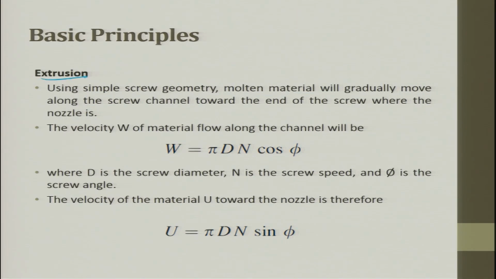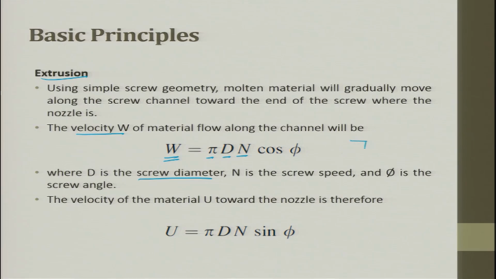When we talk about extrusion using a simple screw geometry, molten material will gradually move along the screw. This is for an injection molding channel towards the end of the screw where the nozzle is. The velocity W of the material flow along the channel is given as W = πDN, where D is the screw diameter, N is the RPM of the screw, and there is also the screw angle.